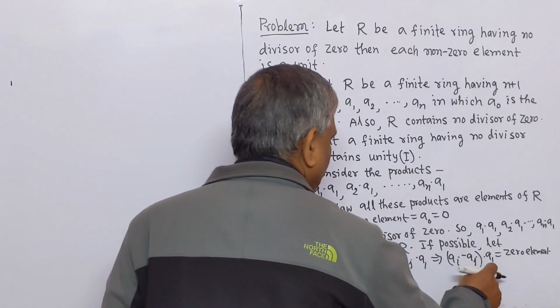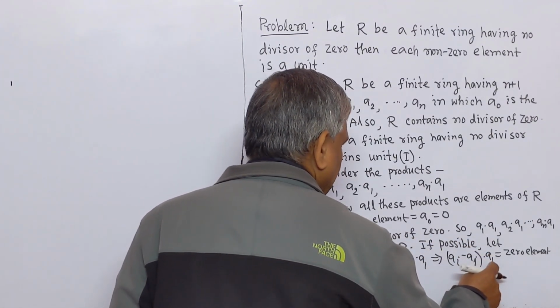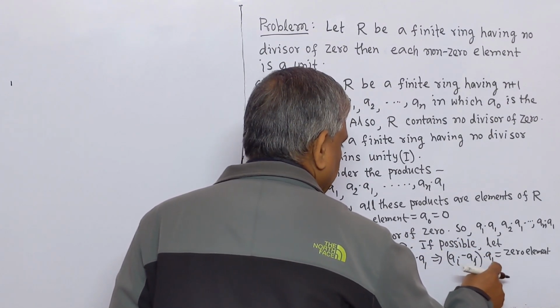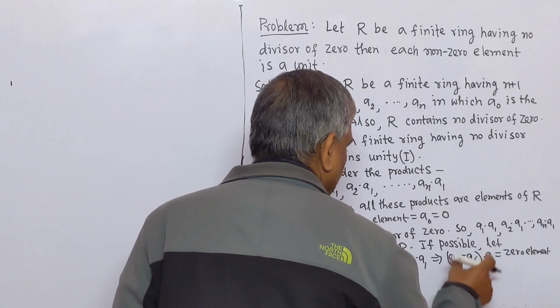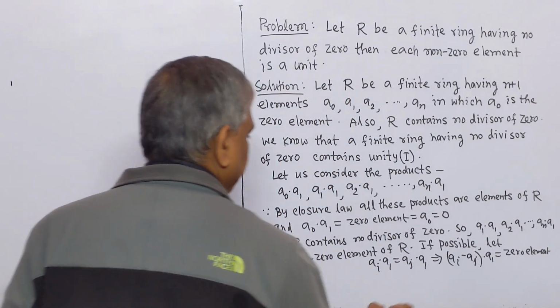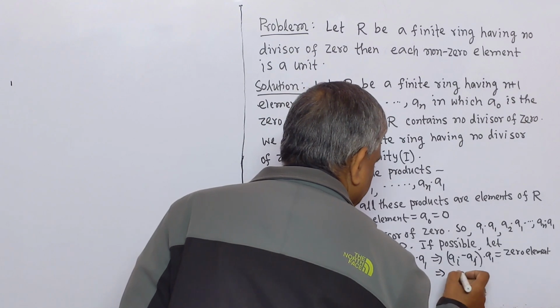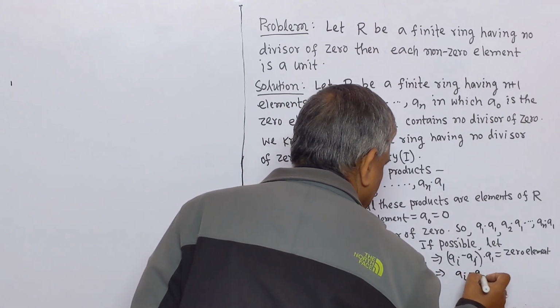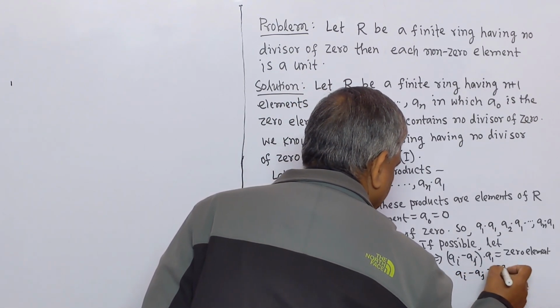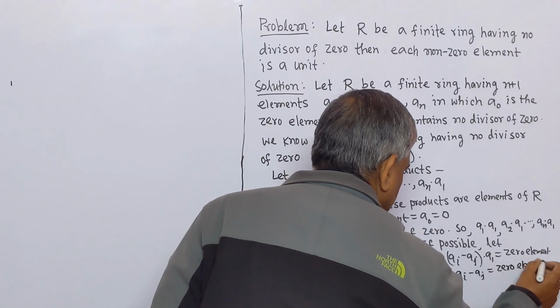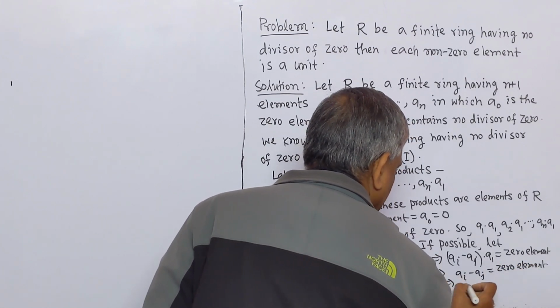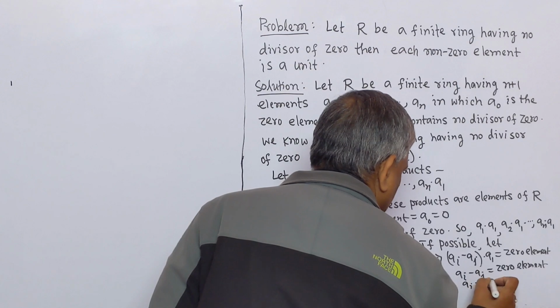Since a1 is a non-zero element, this part will be the zero element, which implies that ai minus aj equals the zero element, which implies that ai equals aj.